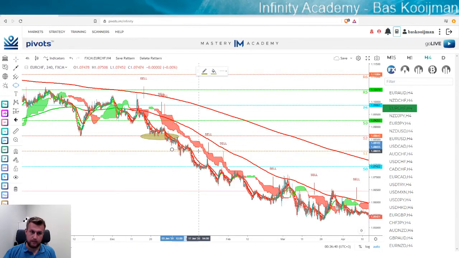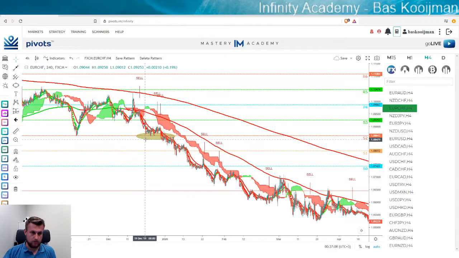That's why I really like to use the Infinity tools on pivots, because they really help us to see the support and resistance lines, as you see here how well the price is reacting to that.